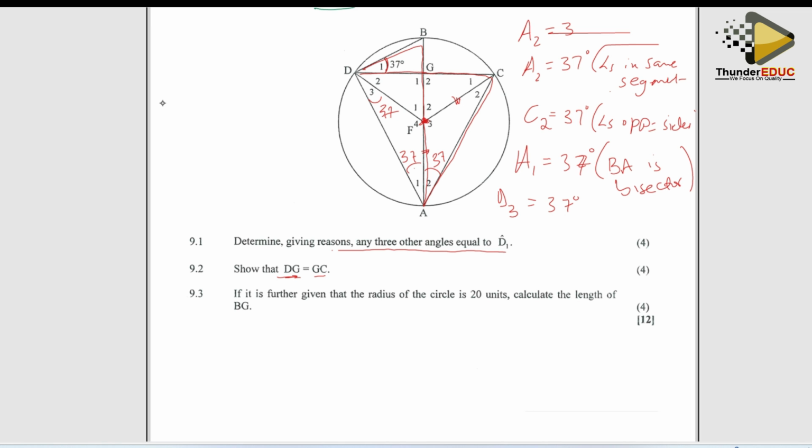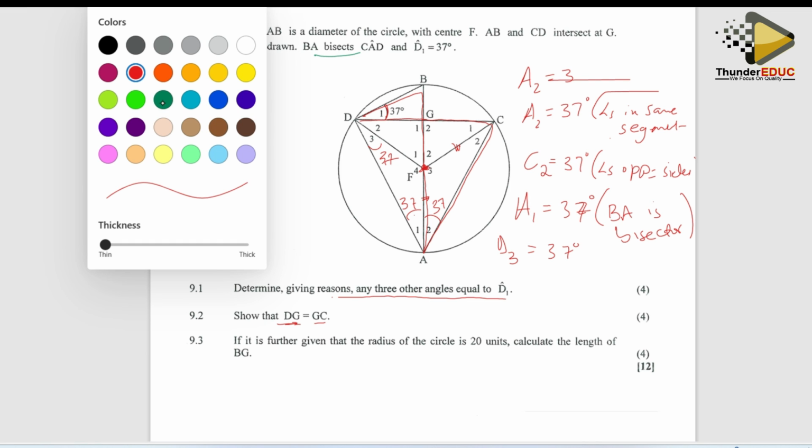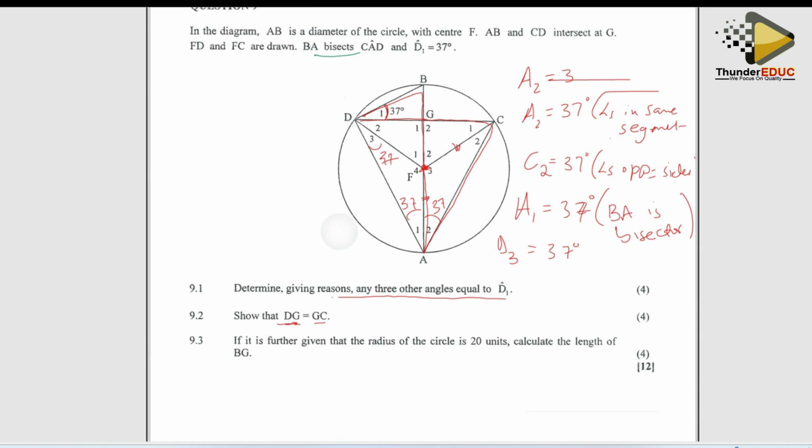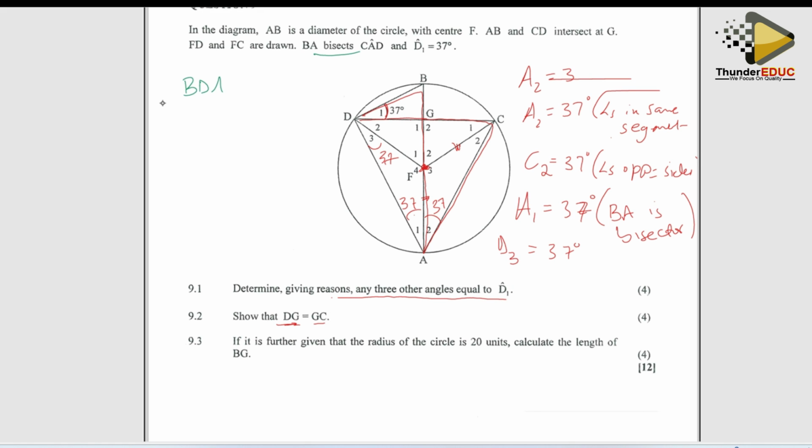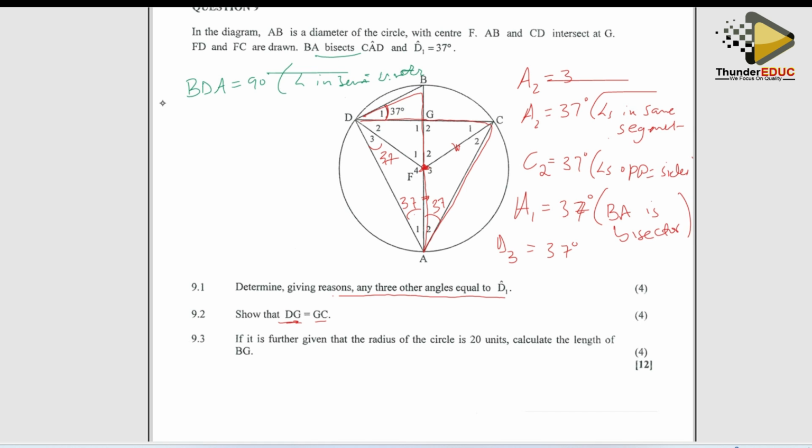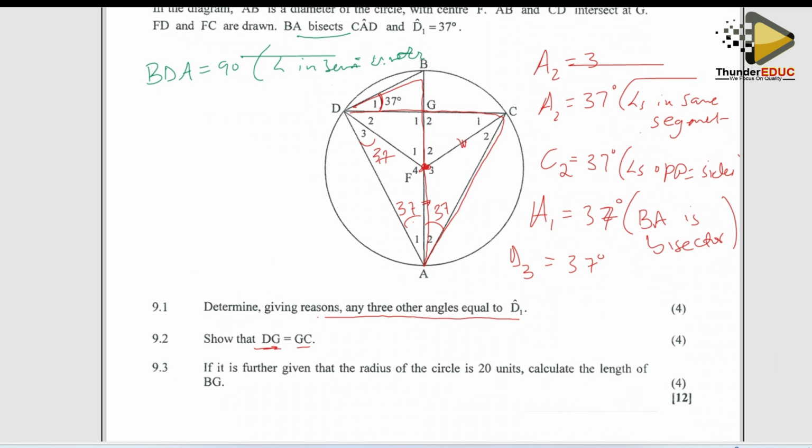So what I'm going to do, I'll start by saying that BDA is 90. And that's going to be angle in semicircle. We can see that this line is a diameter.